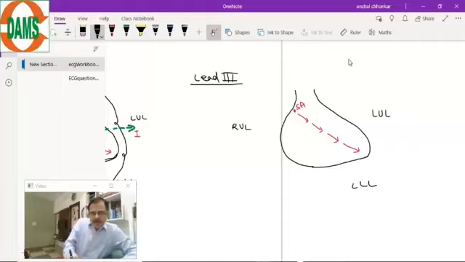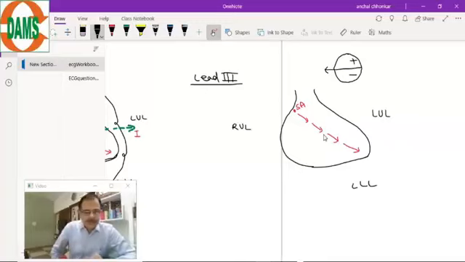Now to make the galvanometer of lead 3, this is the galvanometer of lead 3, plus minus needle. Now to make lead 3, we take a wire from left upper limb, and this will go into the negative pole.